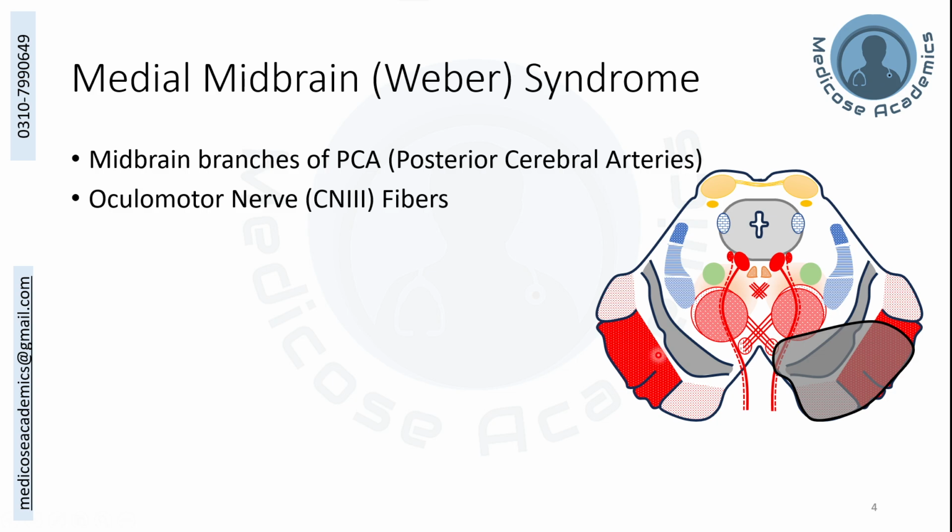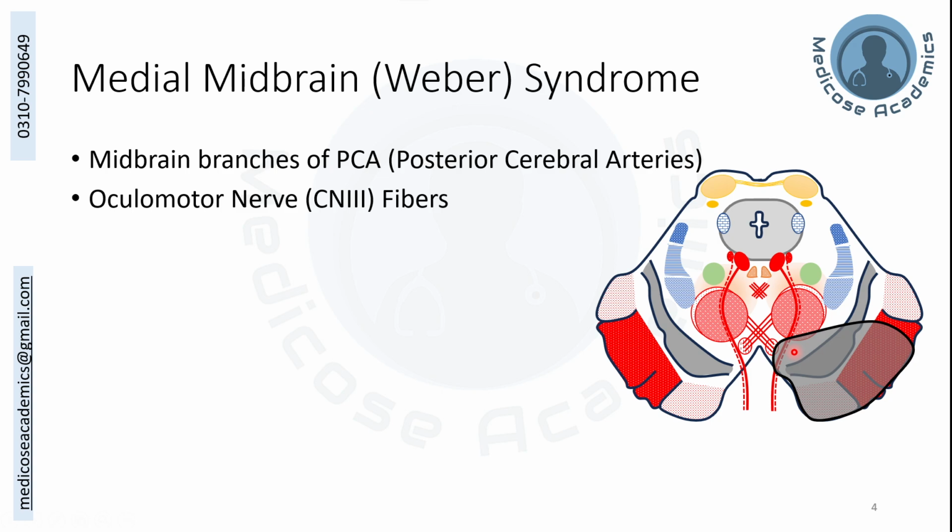So the intra-axial part of the oculomotor nerve fibers, the part of the oculomotor nerve that is present within the midbrain, is affected. So all of the functions of the oculomotor nerve are lost. All the extraocular muscles except lateral rectus and superior oblique, that includes superior rectus, inferior rectus, medial rectus, inferior oblique and levator palpebrae superioris, are supplied by oculomotor nerve fibers.